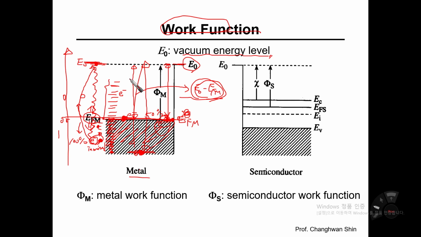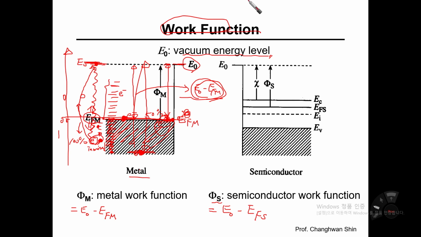So now phi m, the matter work function, is defined as E naught minus EF metal. Similarly, we can adopt the same definition for the semiconductor. So phi s, the semiconductor work function, is defined as E naught minus EF semiconductor.